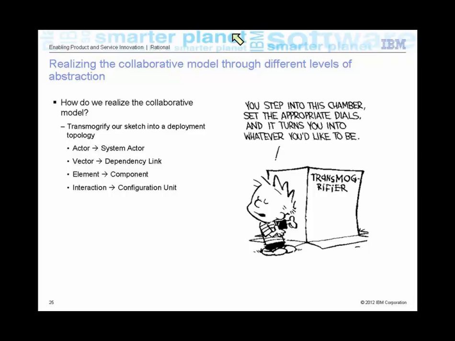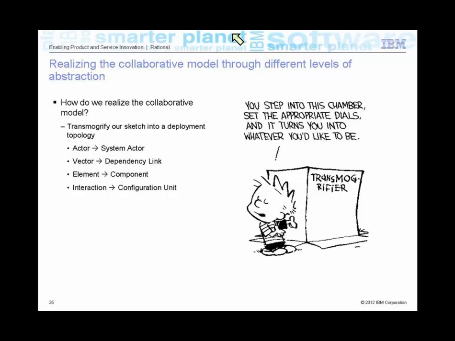But I talked before about realizing the collaborative model through the different levels of abstraction. If you're a fan of Calvin and Hobbes like I am, I term it a little more like transmogrification, right? Because that's really what sketching and the transformation from sketching lets you do. It lets you turn it into what you'd like it to be. So in terms of this collaborative model, what I've actually been able to do is turn that into a deployment topology.